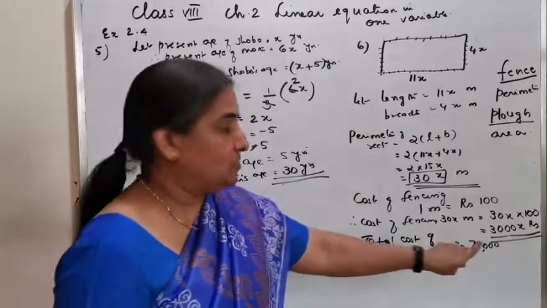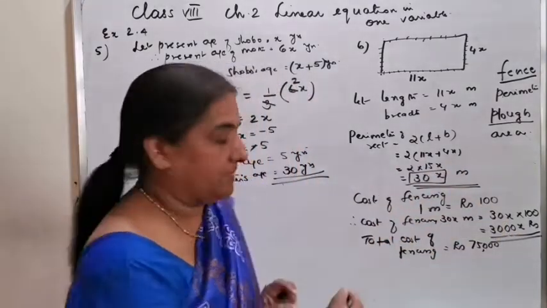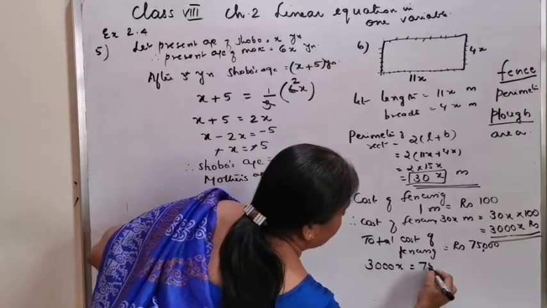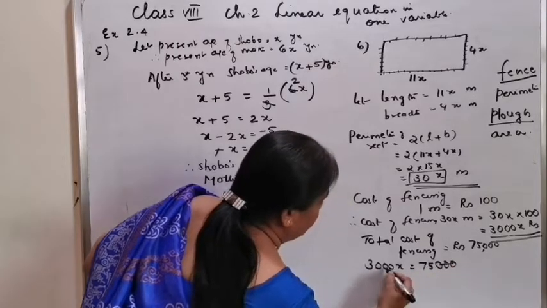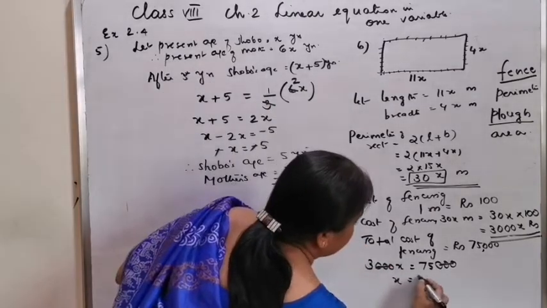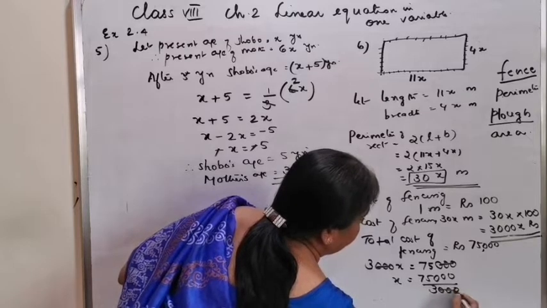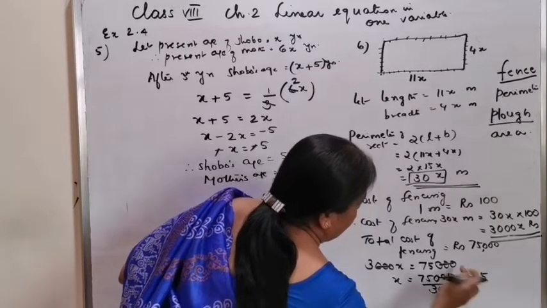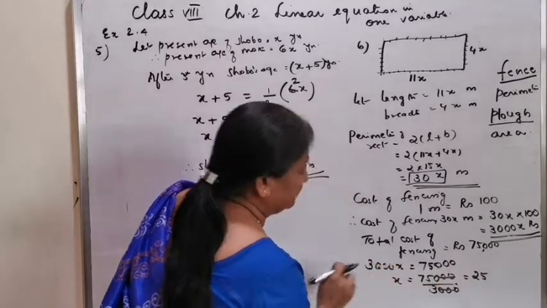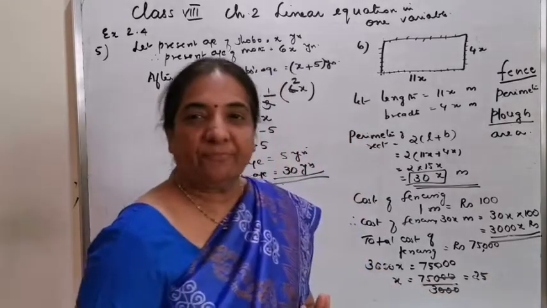That 75,000 is for fencing this 30x meter. That means 3000x is equal to 75,000. When you divide, you will get x is equal to 75,000 by 3000. 75 by 3 is equal to 25. x is equal to 25.